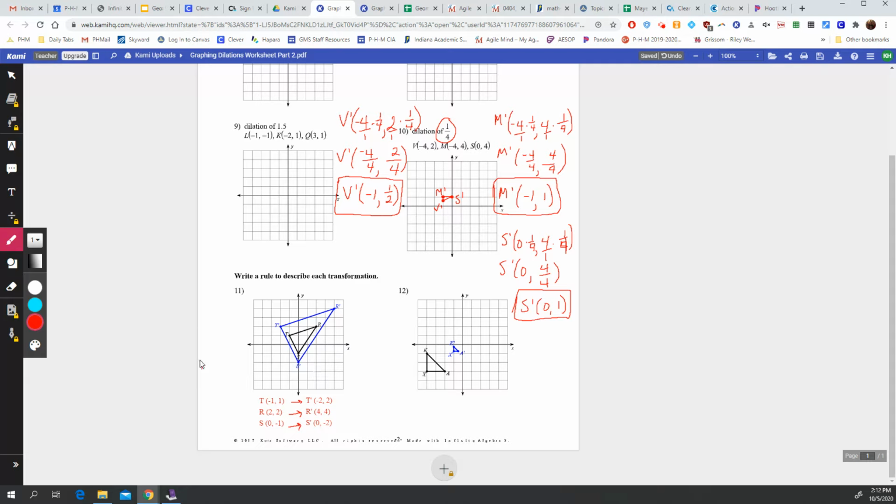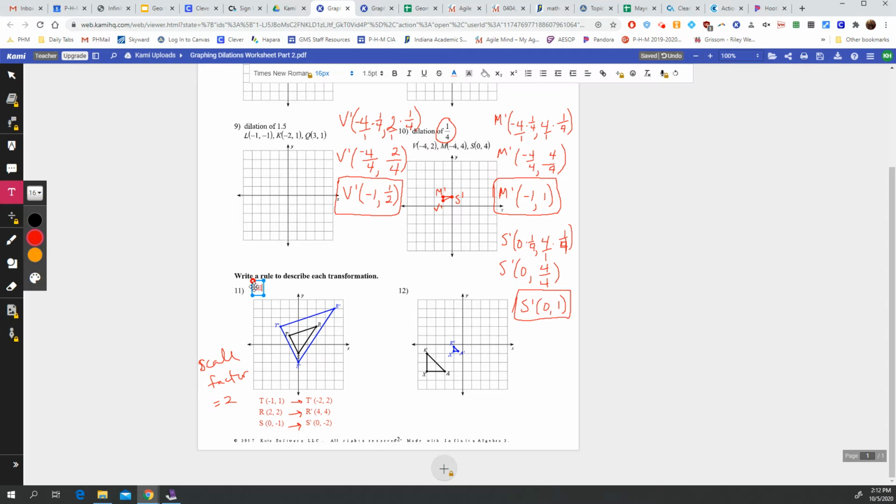So that would mean that our scale factor is equal to 2. And we've already decided it's a dilation. So the rule would just simply be dilation by a scale factor of 2. And that would be the rule for this transformation.